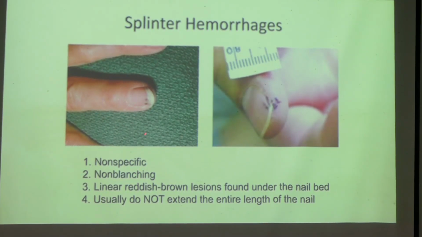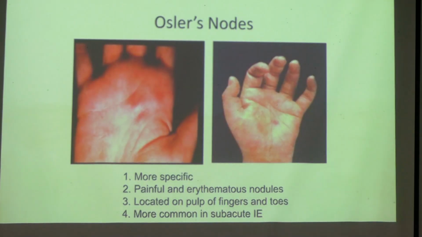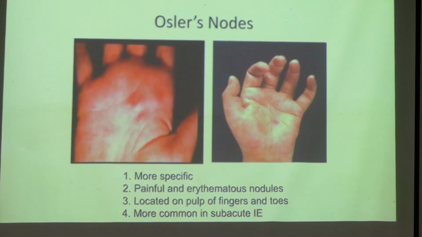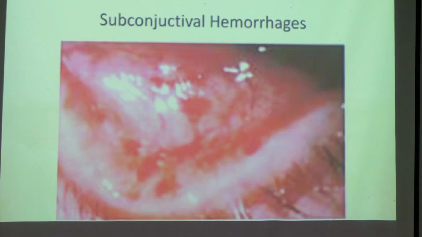They are non-blanching, brownish colored lesions under the nail bed. And this is an Osler node, again in the fingers and the toes. These are specific and painful, very painful. You are seeing this, so this is the Osler node.